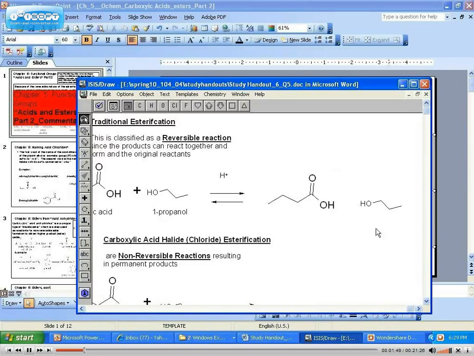So what's going to happen is these two molecules are going to form a brand new ester. The hydrogen, oxygen, and hydrogen from this other alcohol molecule are going to go ahead and form a brand new water molecule.